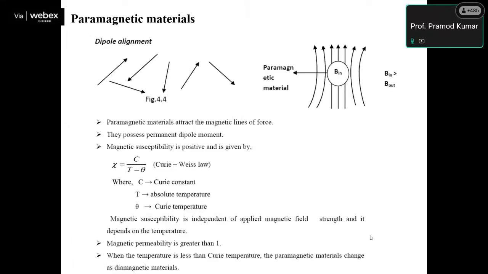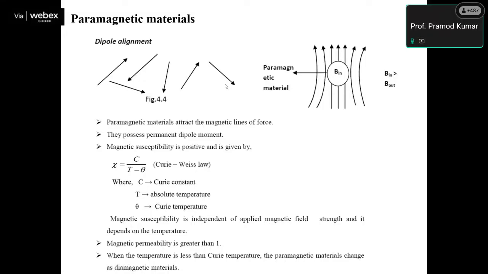Now let's move on to paramagnetic material. In paramagnetic material, dipoles are randomly oriented. As you can see in this diagram, the dipoles are randomly oriented in such a way that the resultant dipole moment is not equal to zero. If you add all these dipoles together in magnitude, the sum is never zero.